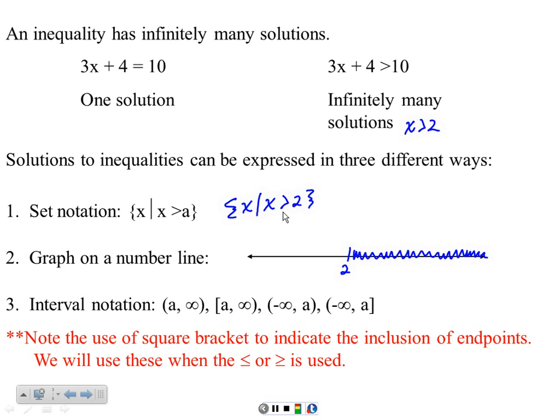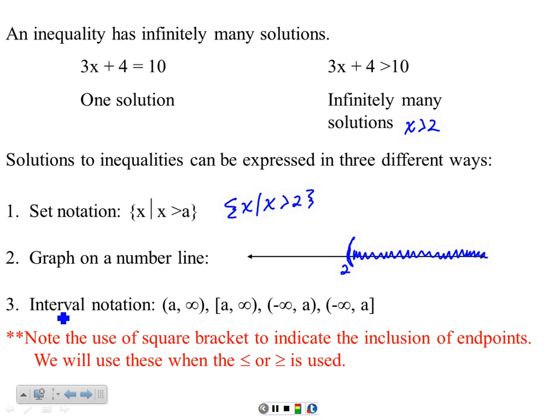But we have to use a symbol to signify that we're starting at 2. Since x cannot be equal to 2, we're going to use a parenthesis. So you need to understand that parentheses mean that x cannot be equal to, whereas a bracket is used if x can be equal to.